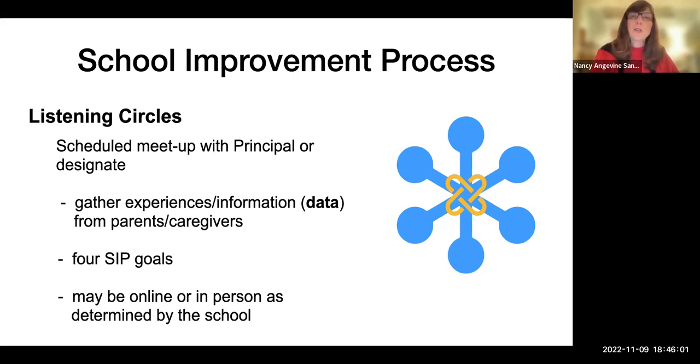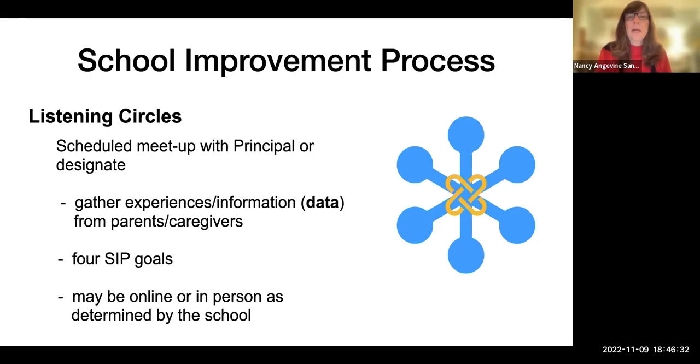The listening circles would be used to cover the 4 SIP goals that I've mentioned. And as I've said, it can be done online or in person. Now, it is up to the principal if they choose to do the listening circle, if they're going to have one listening circle that collects data on all 4 goals, or if they're going to have more listening circles.